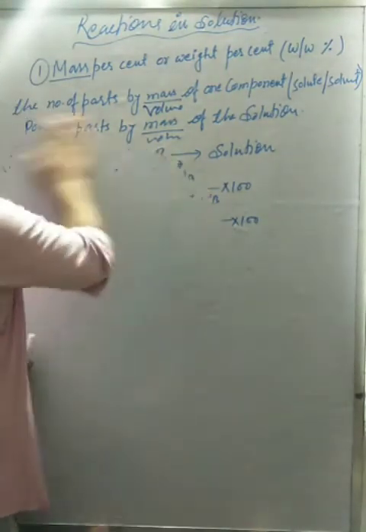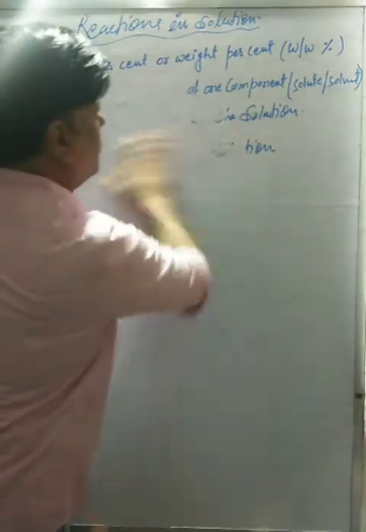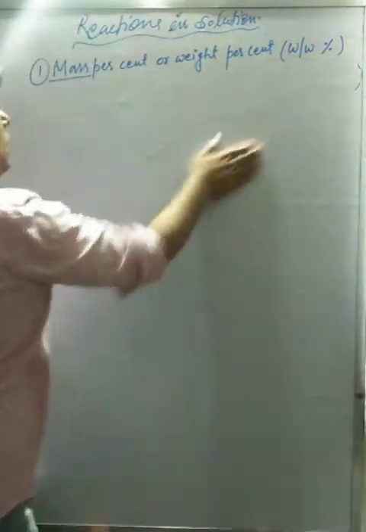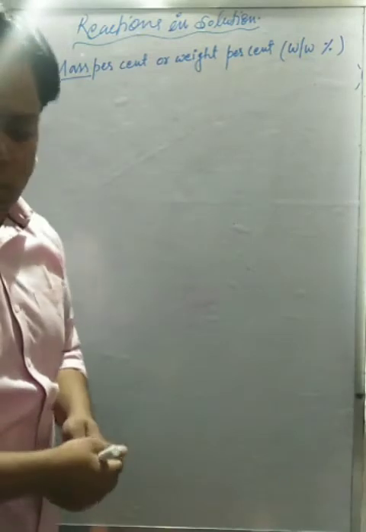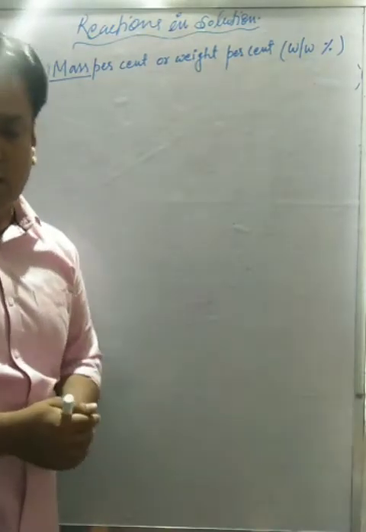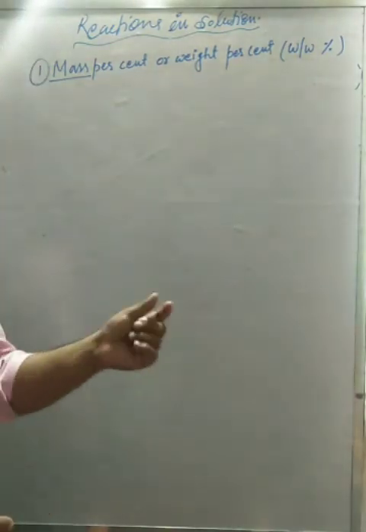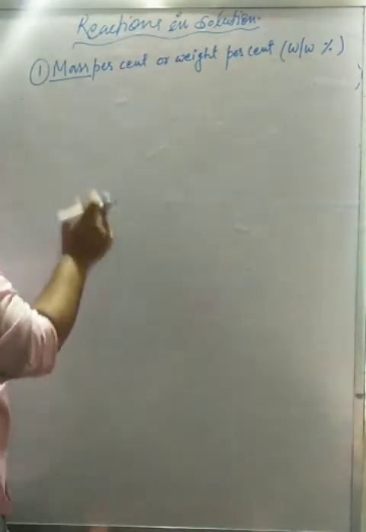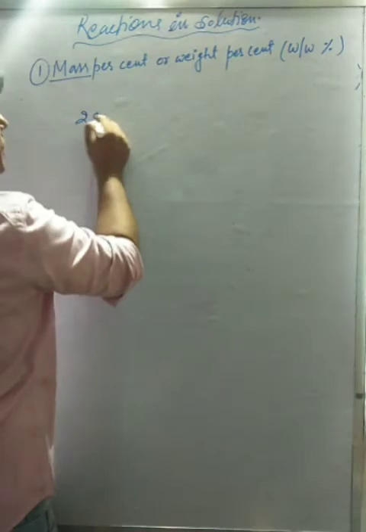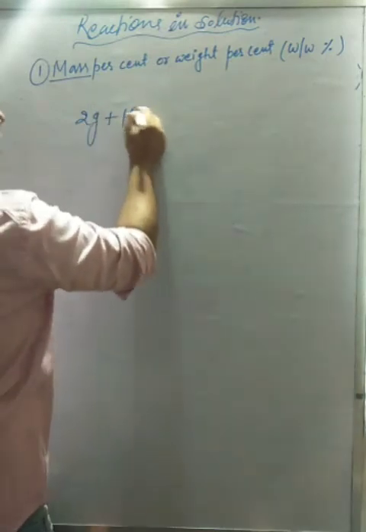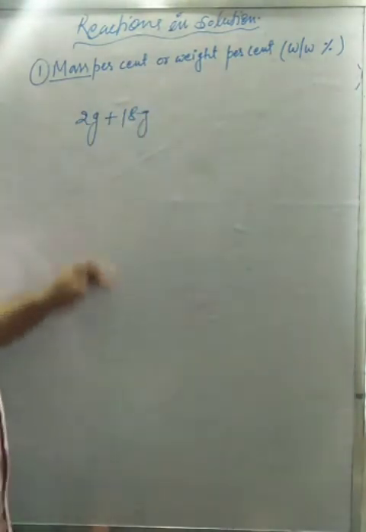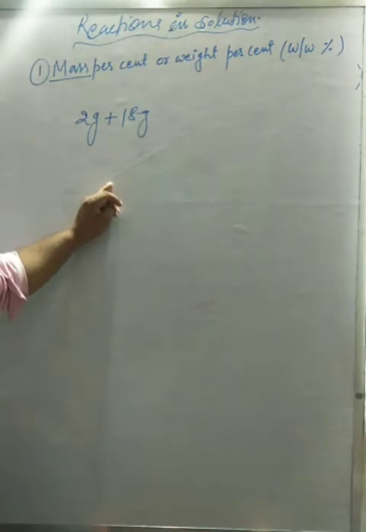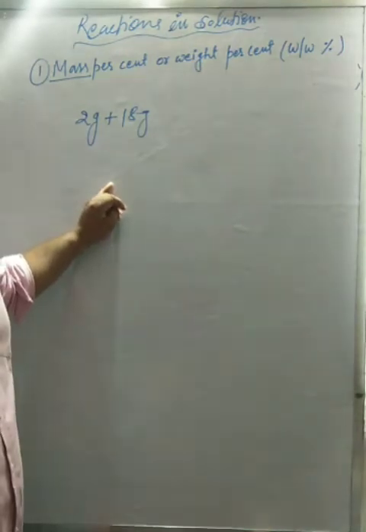Okay, let's take an example for the same. Suppose the question is: a solution is prepared by adding 2 gram of a substance in 18 gram of water. Calculate the mass percent of solute.